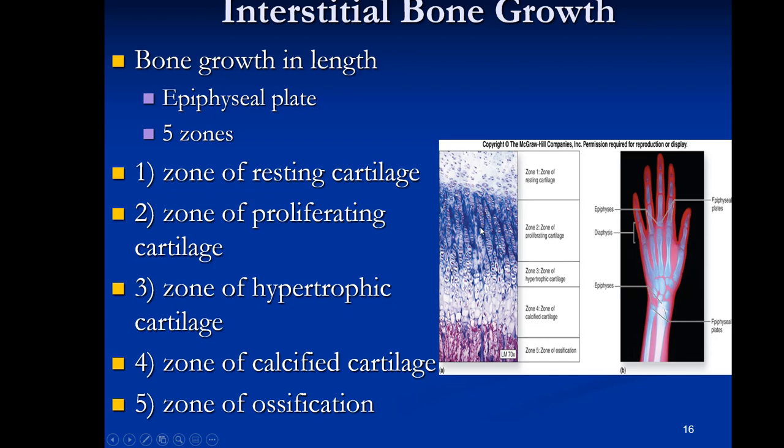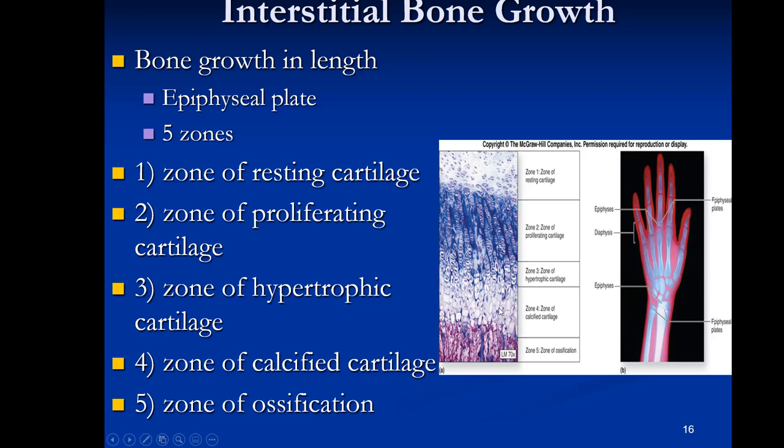So it almost looks like a stack of coins. So chondrocytes stacking up. Then they get bigger, and that gives us zone 3, which is the zone of hypertrophic cartilage. The term hypertrophy means getting bigger. So if you can see here, the chondrocytes are all of a sudden bigger. So zone of hypertrophic cartilage.